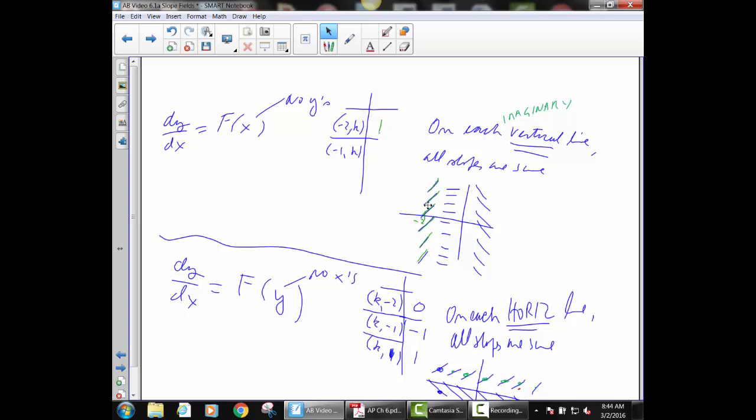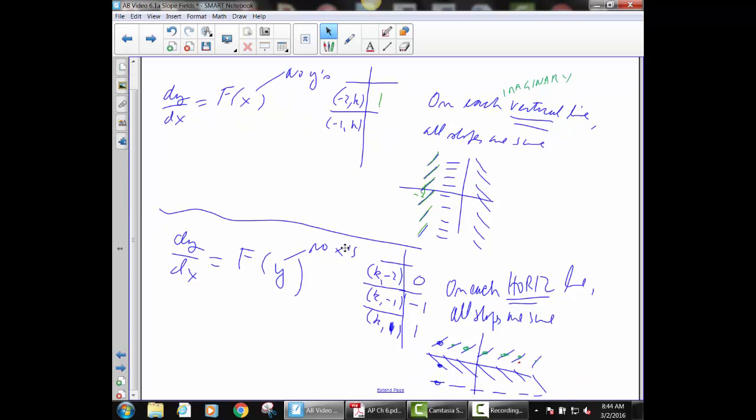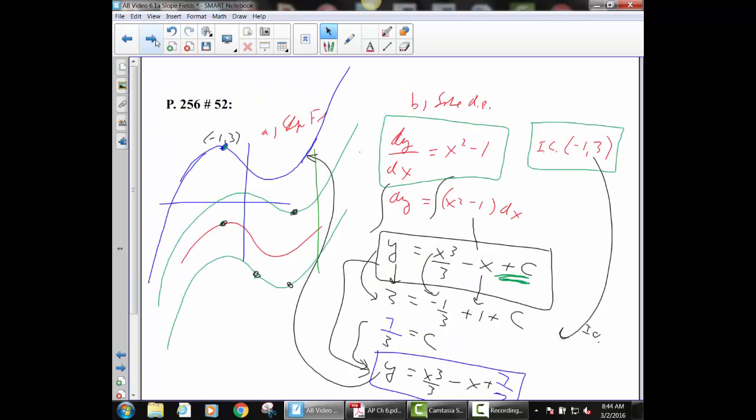That means all of the points negative 2 comma something are going to have a slope of 1. If it's only in terms of y and there are no x's, it won't matter what the x is because this is just a function of y, and let's pretend that the slope at y equals negative 2 is 0. So all the points, whatever the x is, that have a y value of negative 2 are all going to have a slope of 0. So that can help you pick.